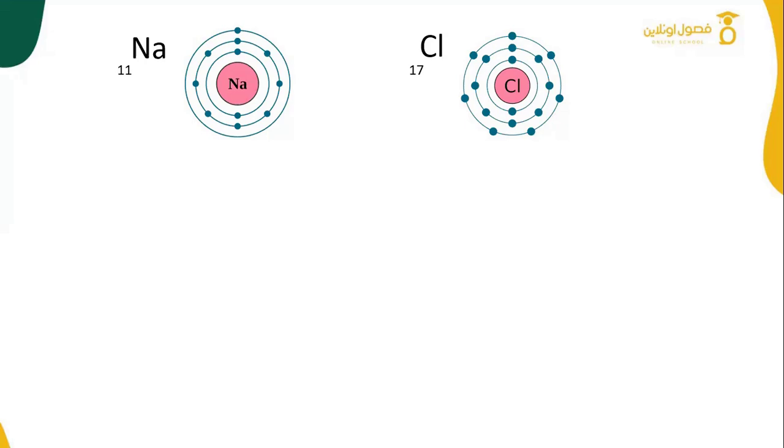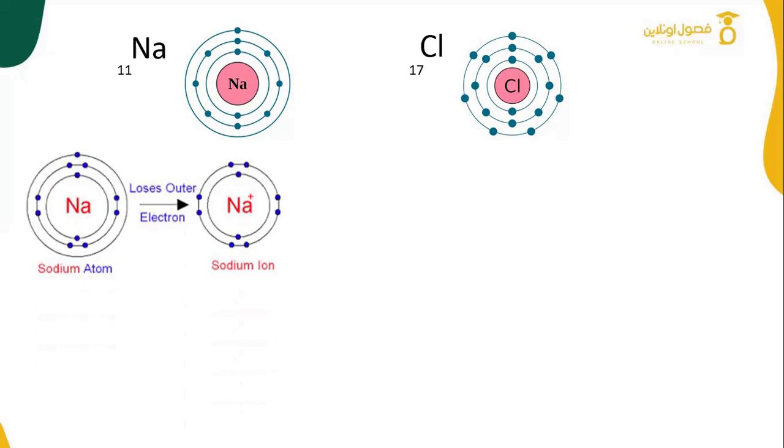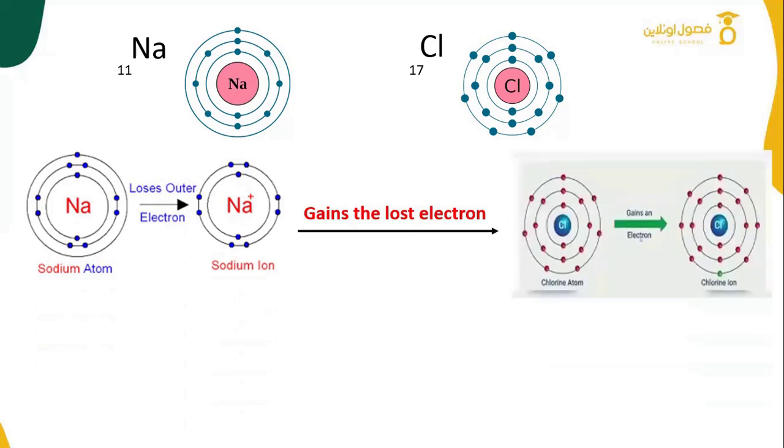On the reaction between them, sodium atom will lose 1 electron and convert into sodium positive ion with a positive charge above it. Then chlorine atom will gain the lost electron from sodium atom and convert into chloride ion, negative chloride ion with negative charge above it.